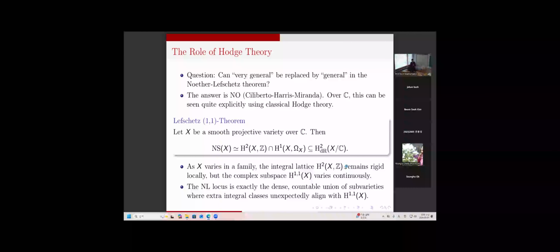So from the point of view of the Lefschetz (1,1) theorem, the Noether-Lefschetz locus is exactly the locus where your subspace contains an extra lattice point.